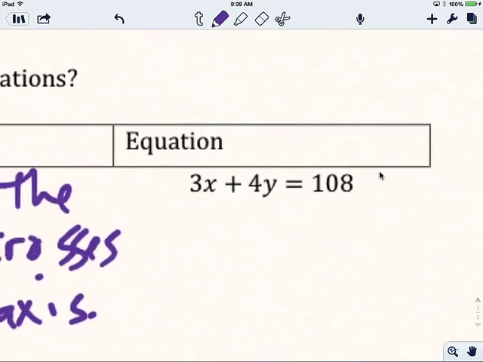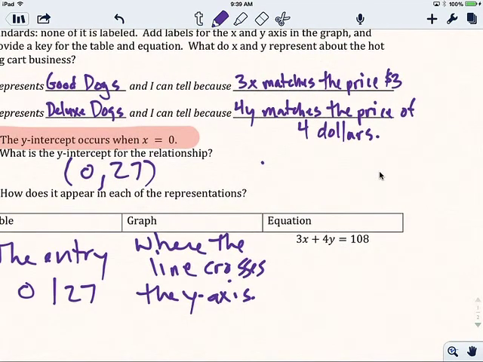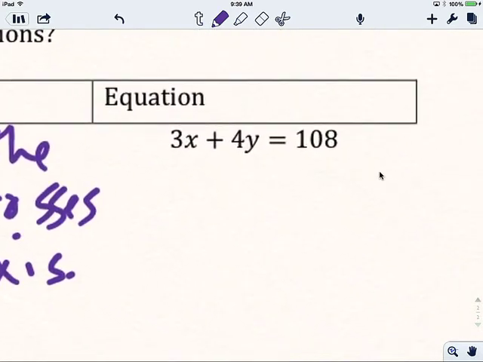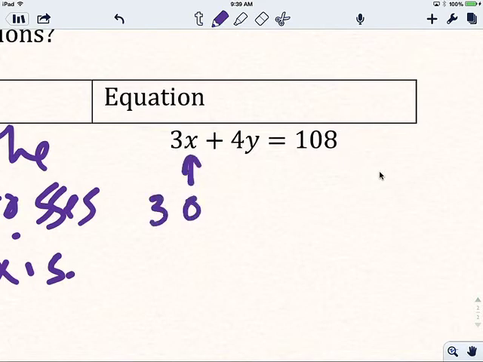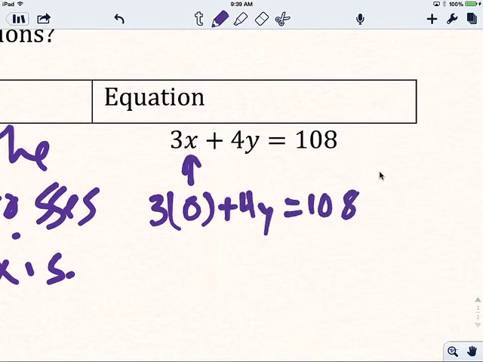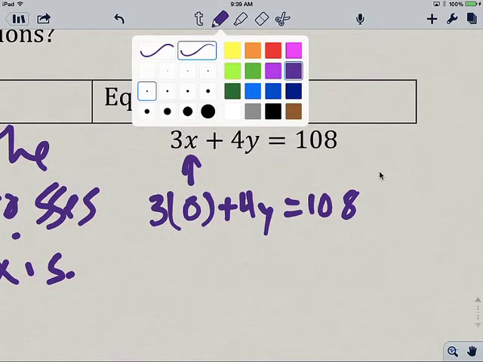So let's look at this equation. We said that the y-intercept occurs when x is 0, so I'm going to execute that. So that means x is 0. So I can rewrite this as 3 times 0 plus 4y equals 108. And so because I know the y-intercept happens just when x is 0, I just made x 0. So let's look at what happens to that.